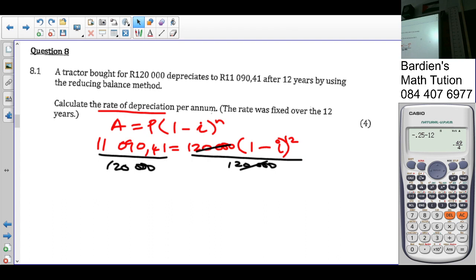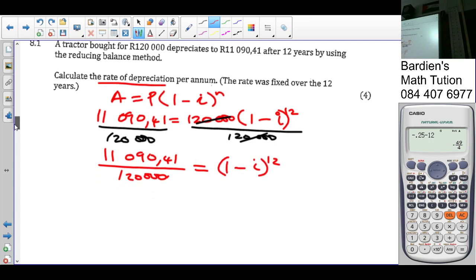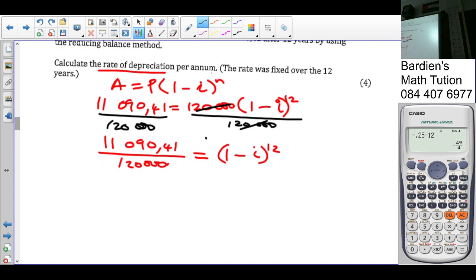That gives us 11,090.41 over 120,000 equals 1 minus i to the exponent 12. So what do I do now? We take the 12th root both sides. Then I'm left with 1 minus i. And what do I do then? Take the 1 over. Okay?